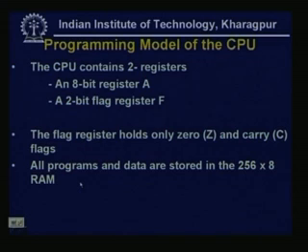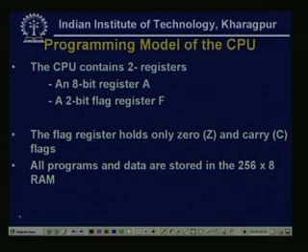First we assume the programming model of the CPU. The CPU that we want to design contains two registers: an 8-bit register A and a 2-bit flag register F. The flag register holds only the zero and carry C flags.